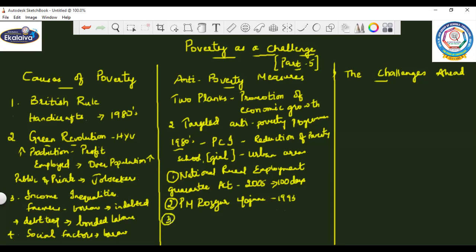Thirdly, you have this Swarna Jayanti Gram Swarozgar Yojana. Okay, Yojana. Now, what is this? This gram itself shows they are giving importance to village children. This was introduced in the year 1999.